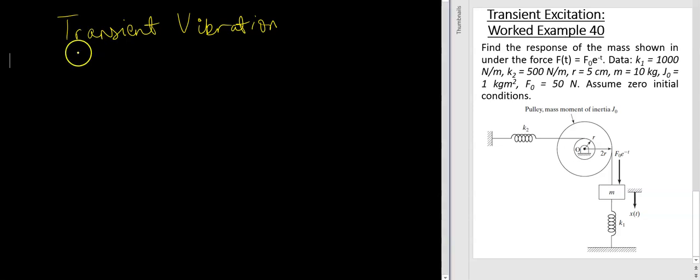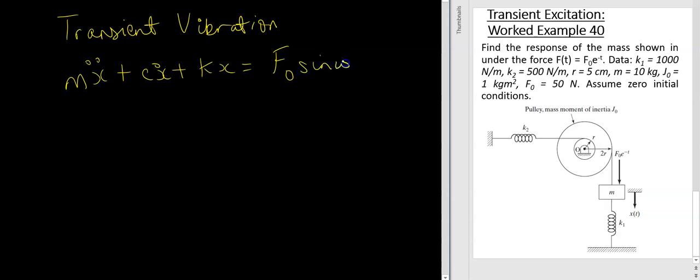So, in other words, the differential equation took the form m x double dot plus c x dot plus k x is F naught sine omega t.